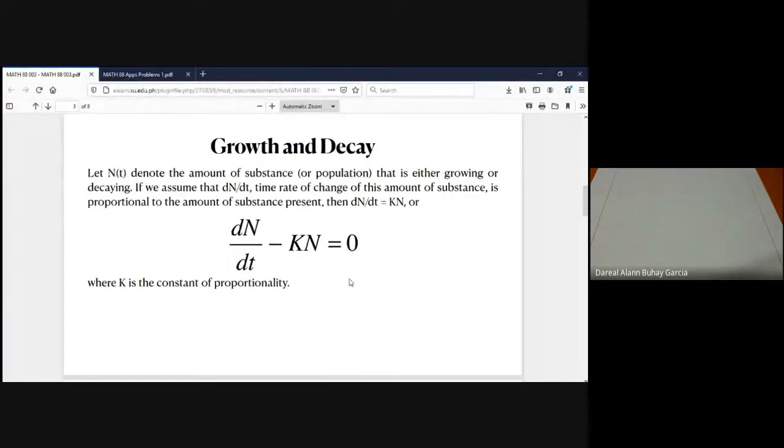And decay, it can also be population decay, death rate, interest level, or interest on a particular capital. We also have radioactive decay. Okay, so growth and decay phenomena could be modeled using a differential equation.